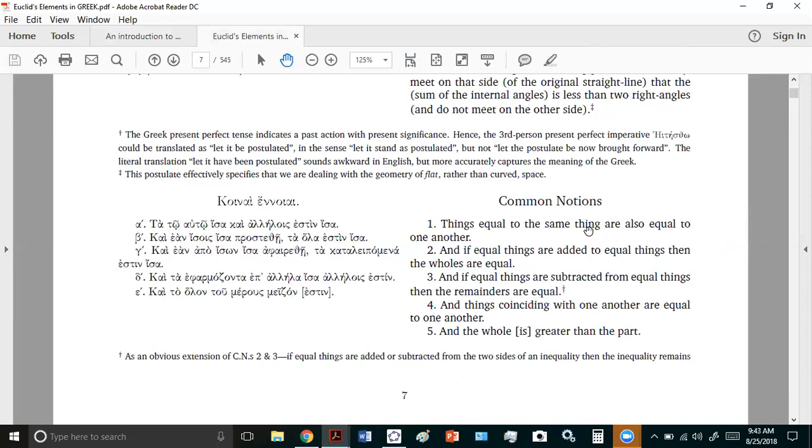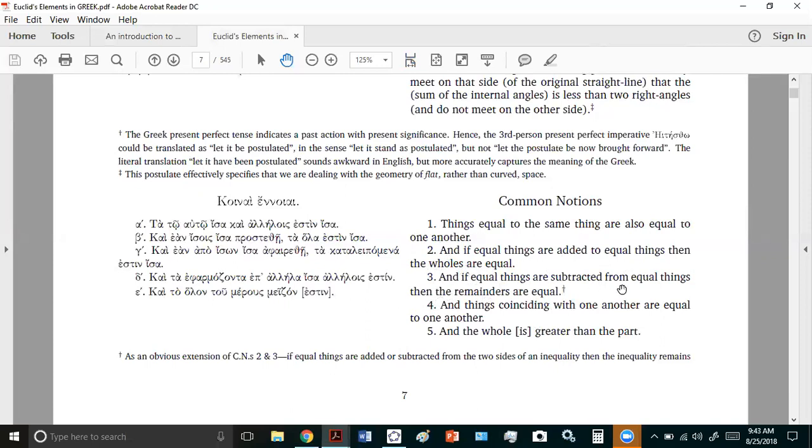Objects equal to the same object are also equal to one another. That's as clear as daylight, isn't it? It doesn't matter what the object is. It can be a tangible object or an intangible object. It doesn't have any particular constraint to that definition. Number 2, if equal objects are added to equal objects, in other words, if we collect equal objects and put them together, then the wholes or the collections are equal, right?